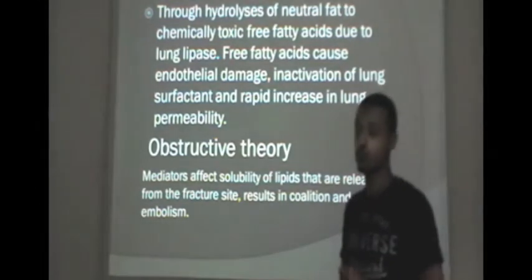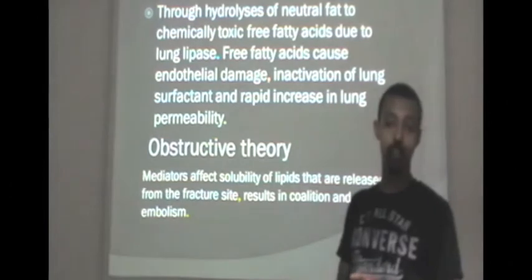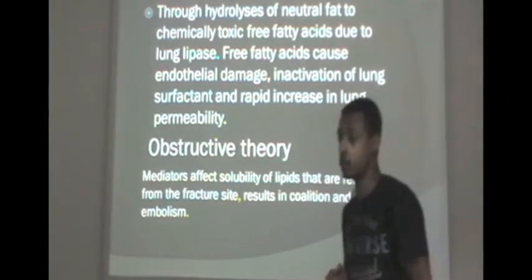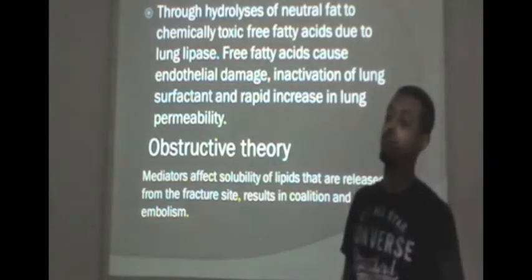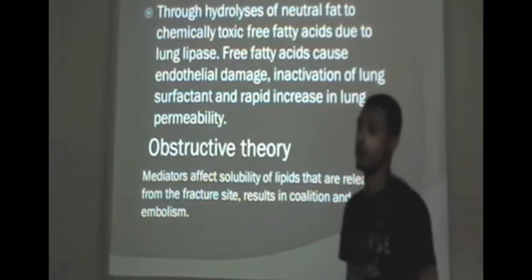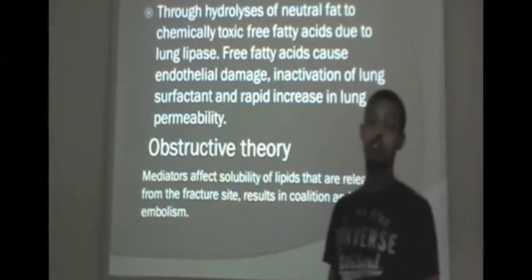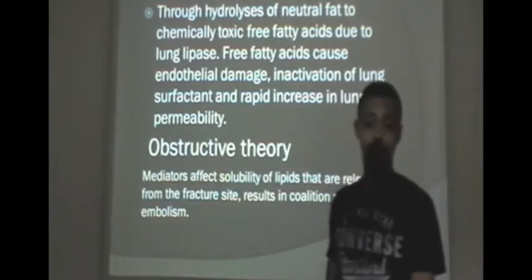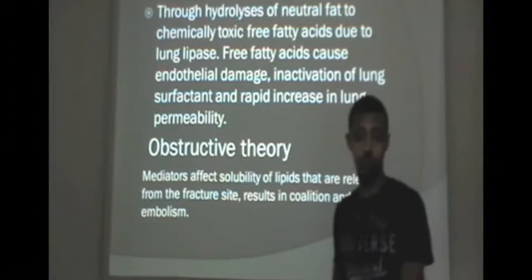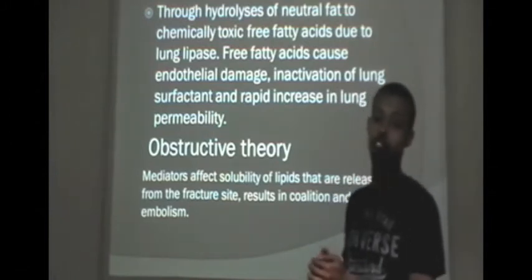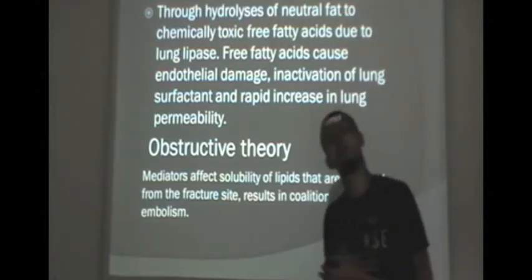Free fatty acids cause endothelial damage and inactivation of the lung, and also affect lung permeability. Mediators affect solubility of lipids that are released from the fracture site, resulting in embolism.